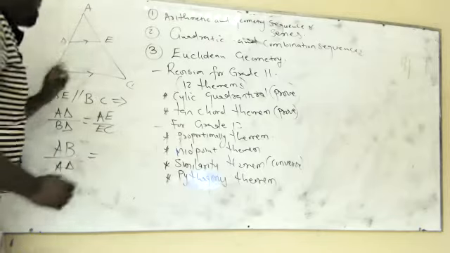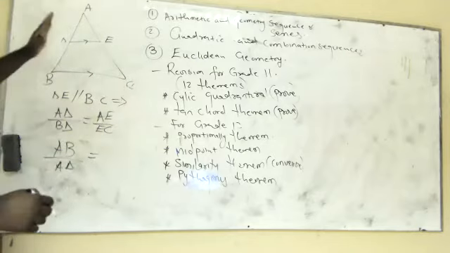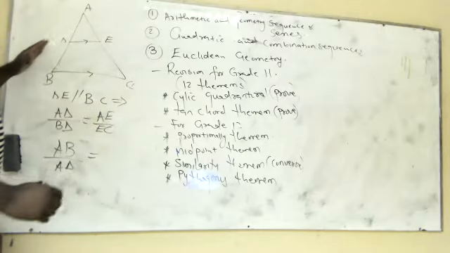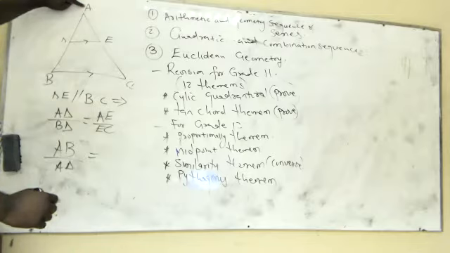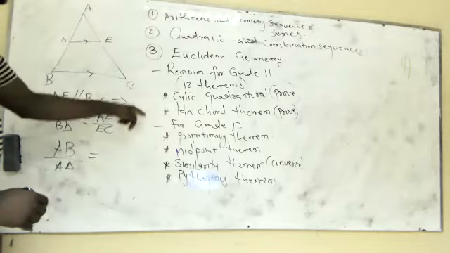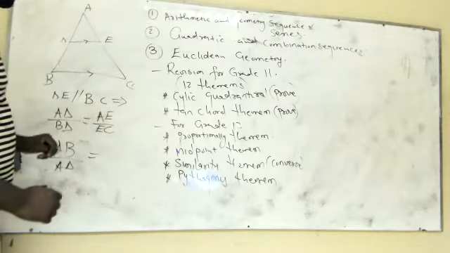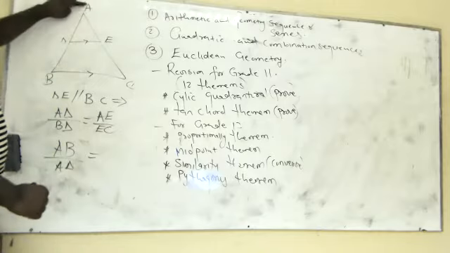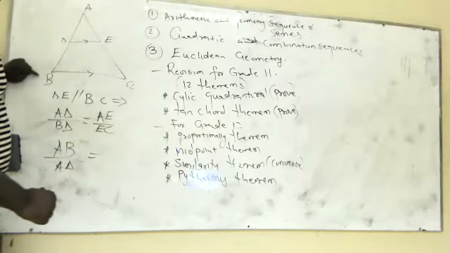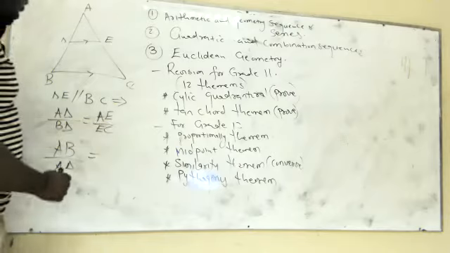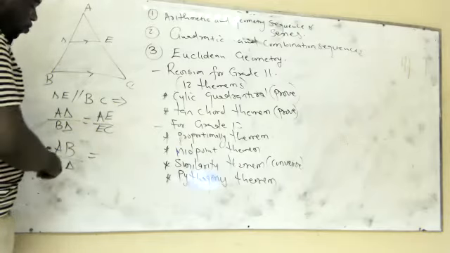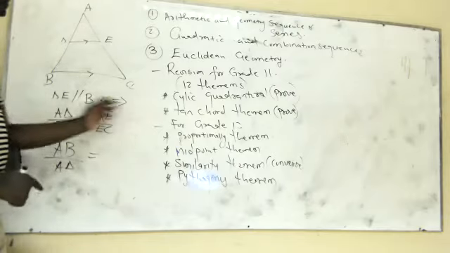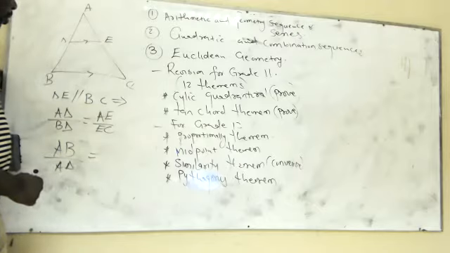That will be equal to, and then on the other side, you must divide exactly the same way you have divided here. We have said AB on this side, so on the other side, how are we supposed to divide? If on this side the numerator is AB, what would be the numerator on the other side?